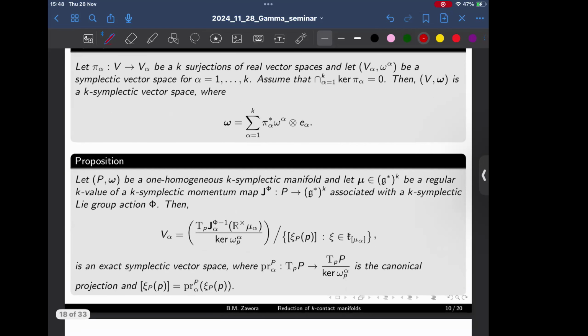So this is the main idea, and indeed we have a proposition that ensures that V_α is an exact symplectic vector space. This is the first proposition, which proves the first step of the modified Marsden-Weinstein k-symplectic theorem.